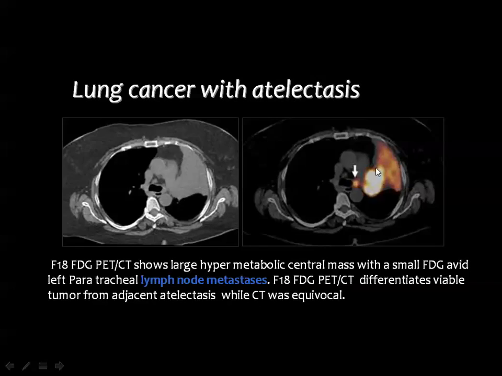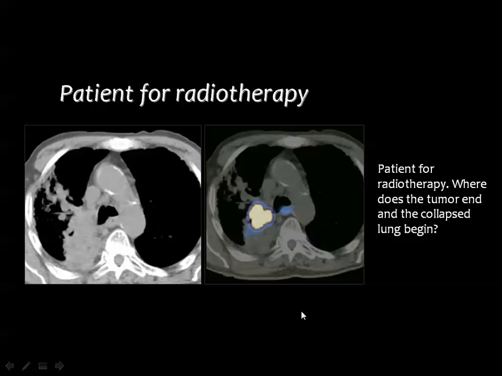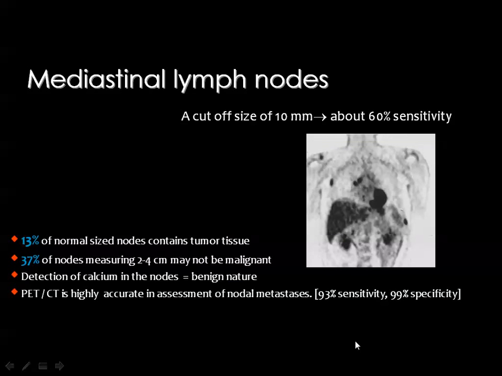But with PET scan, it's easy to separate the tumor by very hot uptake and the peripheral consolidation, and also you can detect if there is lymph node metastasis. And this patient is prepared for radiotherapy of a lung cancer, and they want to locate the tumor separable from the consolidation, and this is the site of the tumor compared to the area of consolidation.